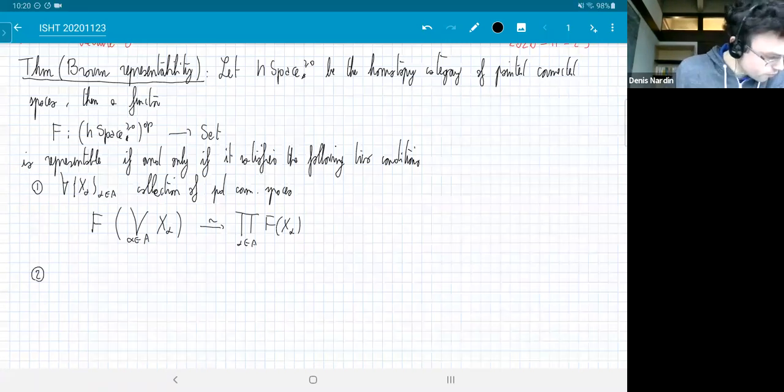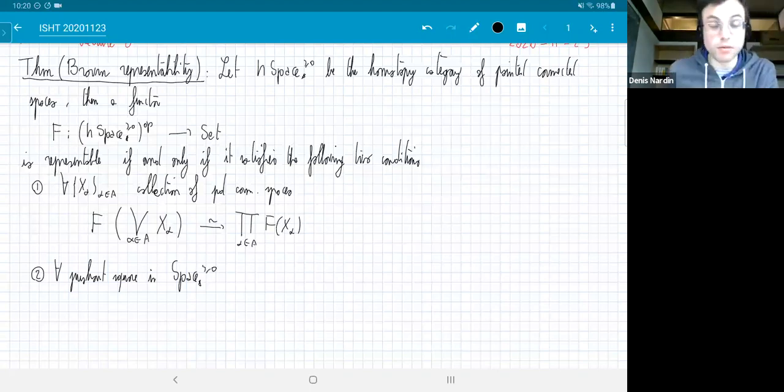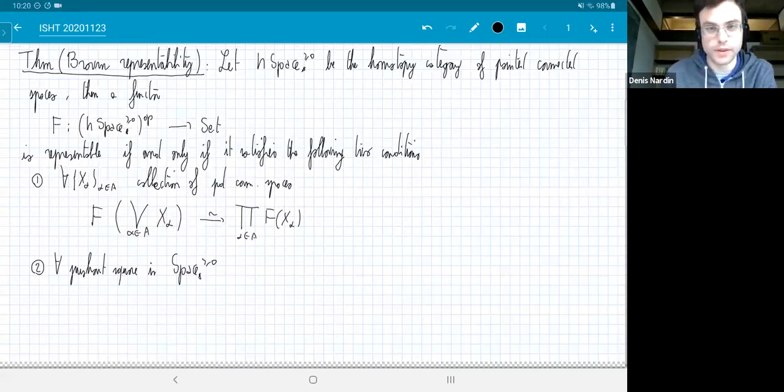And two, for every push-out square in connected spaces. Remember, we saw last semester that there are no push-outs in general in the homotopy category, so I really need the homotopy push-out here.